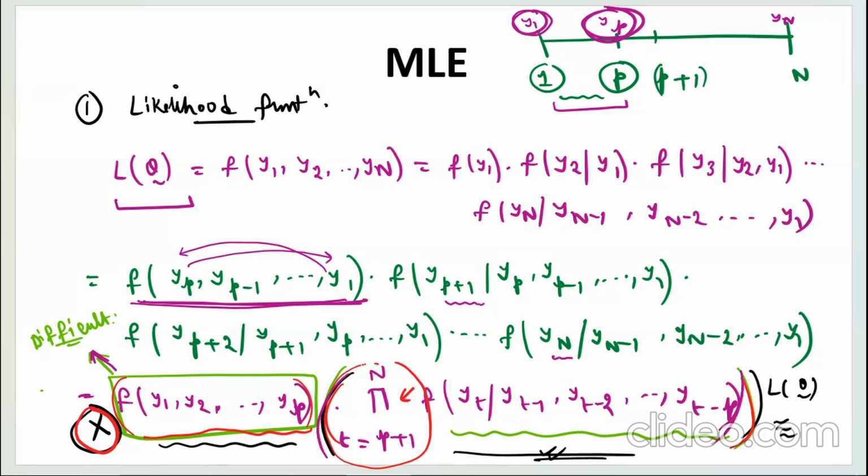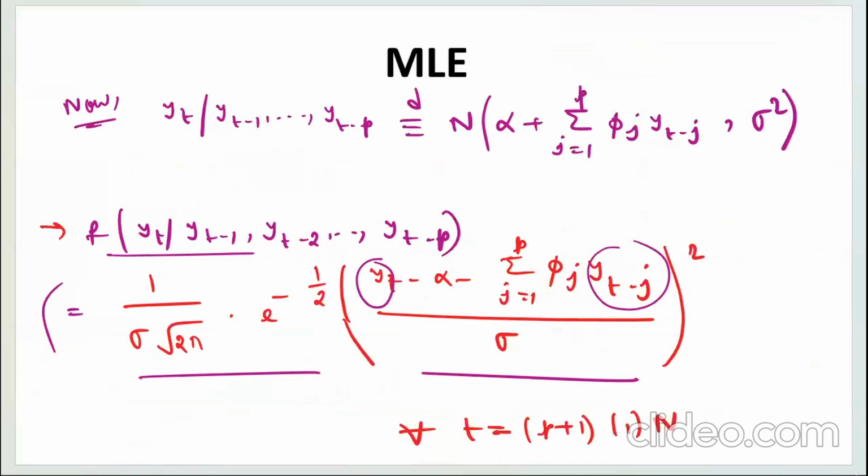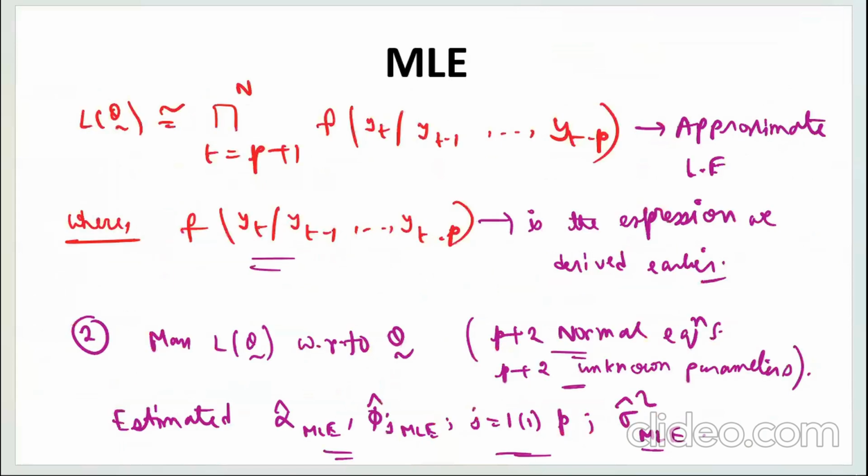And then what you have to do is simply calculate what this PDF will be, right? This PDF can be calculated using the mean and the variance of the expression that we have found, and that will help us write the PDF. Once you have the PDF, you have the approximate likelihood function. The approximate likelihood function is simply the product of this PDF over t from p plus 1 to n.